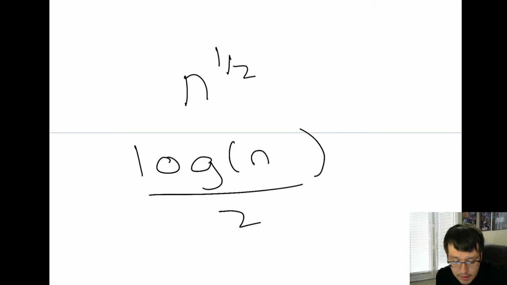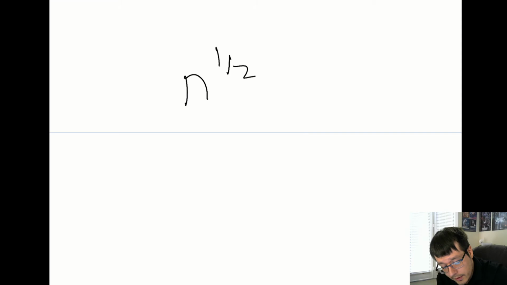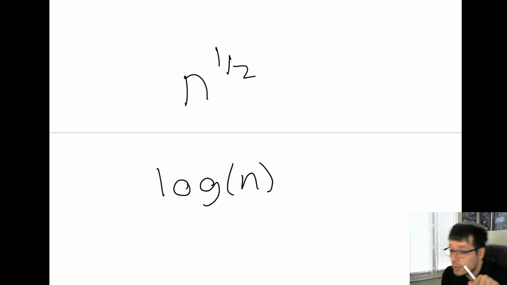So, what's the proof for this? I'm trying to remember it. Actually, you know what? How about this? Let us take log of n and convert it into the square root of n. That'll be much easier to do, okay? By the way, we can add constants.